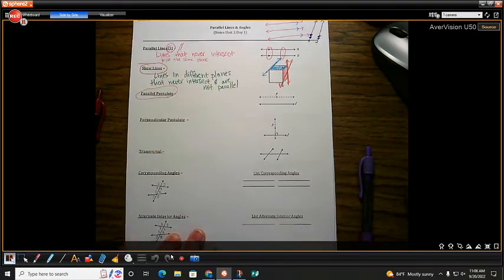So now we're going to talk about the parallel postulate. This is also known as Euclid's fifth postulate, postulate number 5. I just watched an entire 5-video Extra Credits YouTube series about the parallel postulate, because it was fascinating.